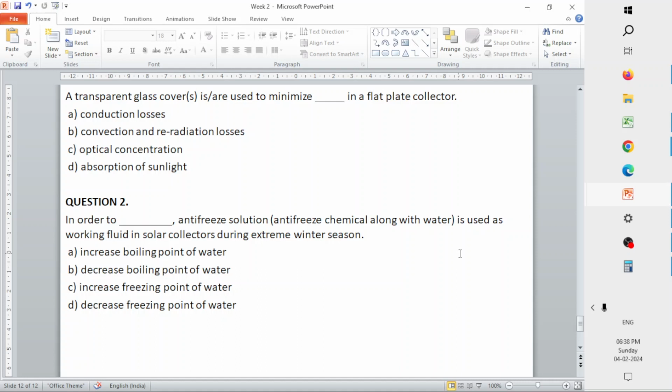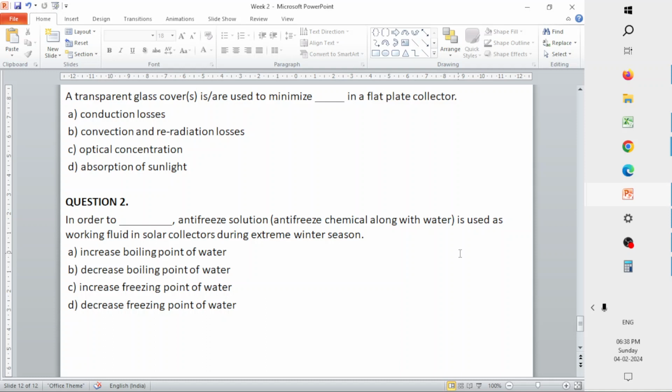That is, for a particular volume of water, the amount of heat that it can store is extremely high. So for predominant applications we use water for these heating applications.